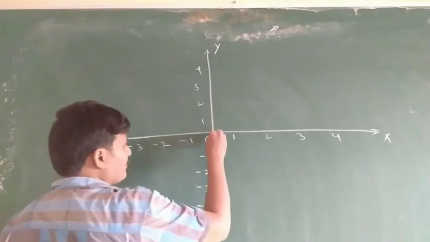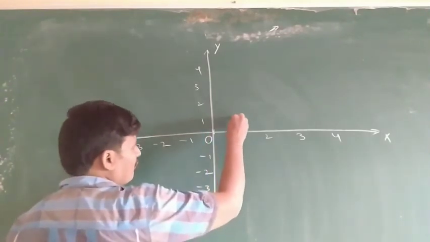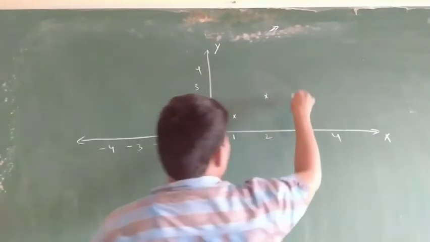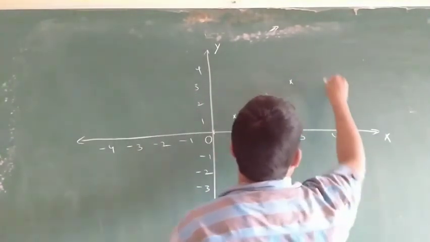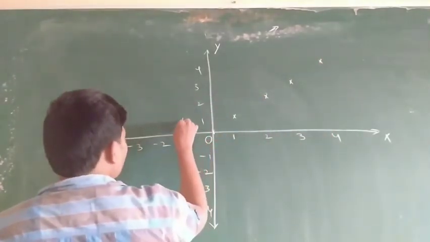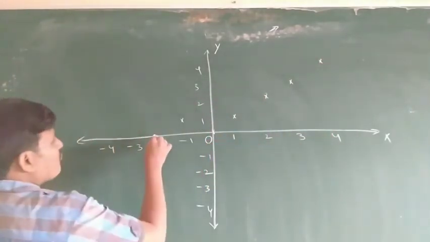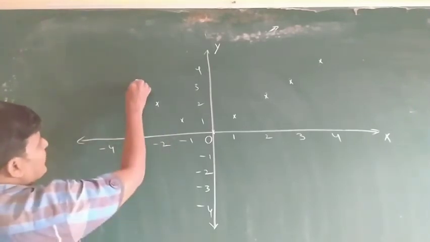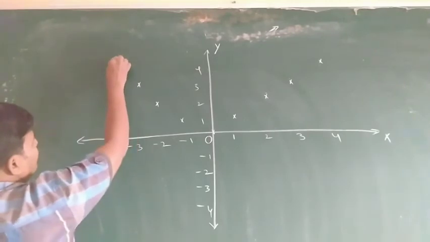Mod of 0, 0. Mod of 1, 1. Mod of 2, 2. Mod of 3, 3. Mod of 4, 4. Next, mod of minus 1, 1. Mod of minus 2, 2. Mod of minus 3, 3. Mod of minus 4, 4.